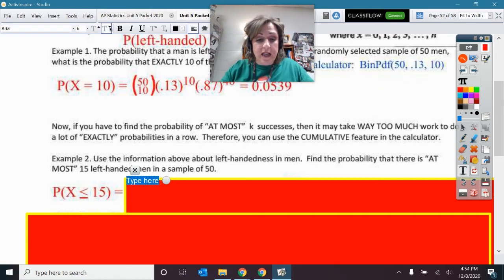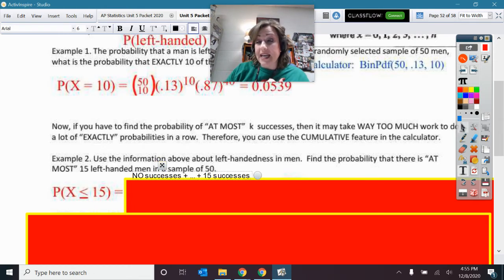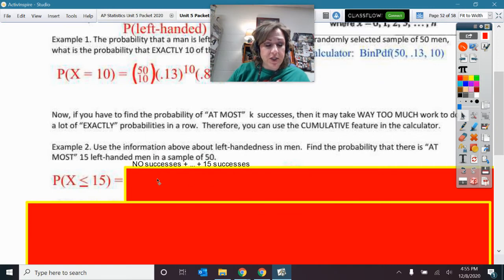So in the sequence, we're going to have no successes, plus dot, dot, dot, plus, and then show the work for 15 successes. All right, so let's see how that sequence looks. You can try writing it down. If you wanted to pause, you could try it before I do that here.